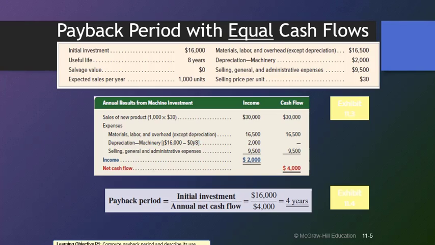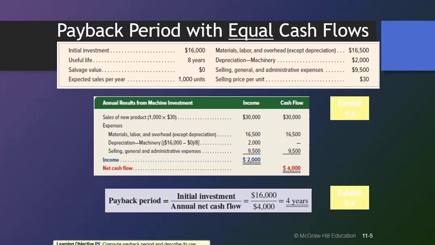There's no salvage value. This machine should be able to generate 1,000 units of sales per year. Material, labor, and overhead costs outside of depreciation are going to be $16,500. The depreciation is $2,000. Selling, general, and administrative expenses are $9,500, and the selling price per unit is $30.